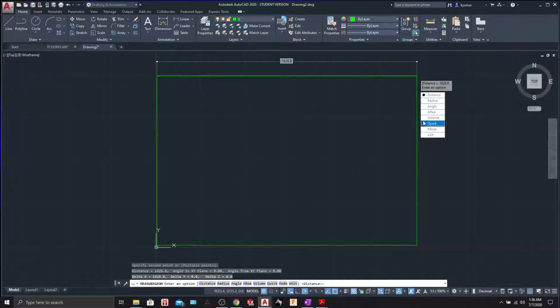So that's how you can convert your drawing units if you have anything of that sort in AutoCAD.